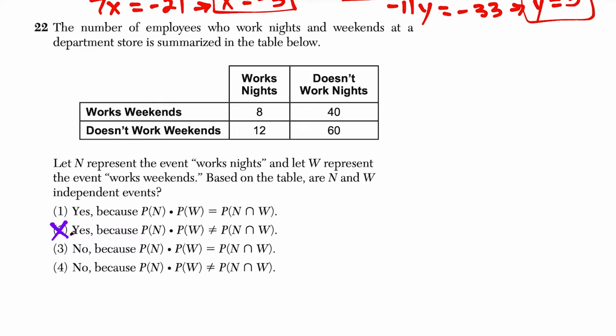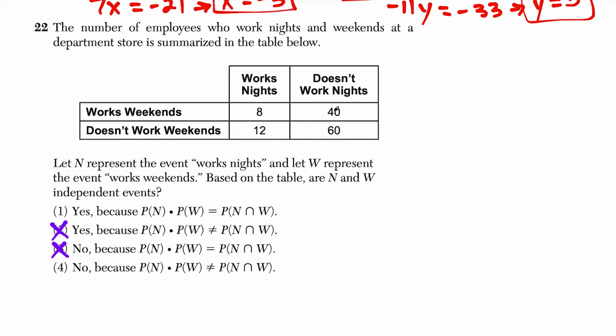Okay, so that's why 2 is out. And then if we were going to say no, these events here are not independent of each other, then it wouldn't be true for the probability of n times the probability of w to be equal to the probability of n and w. Okay, so these two answer choices are out, so it's going to be either 1 or 4. So now let's get into the math.